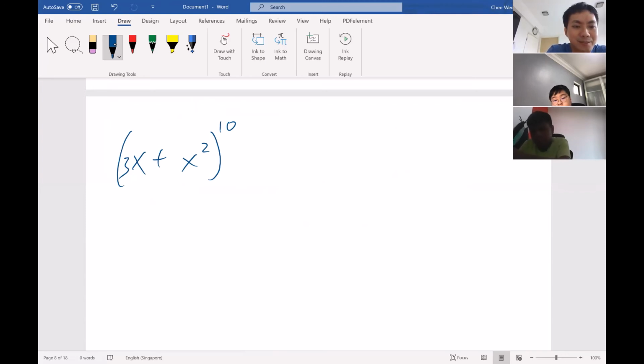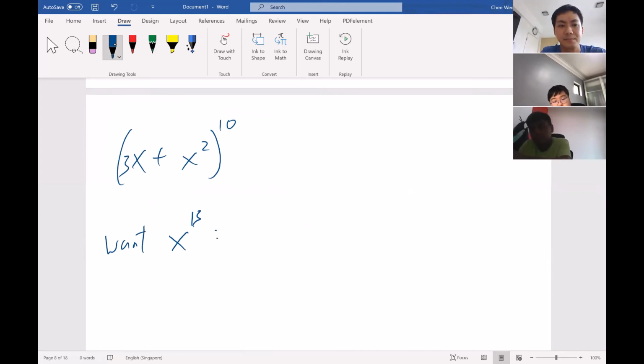Say I want x to the power of 13. So Yanis, you try. How should you split up between these two terms such that you can get power 13 at the end of the day?